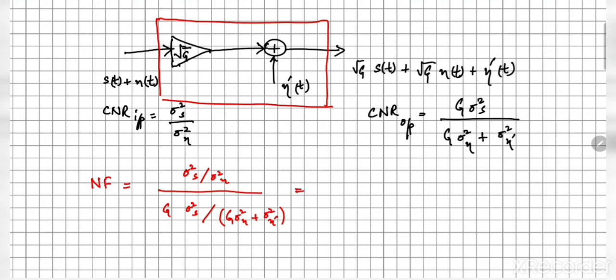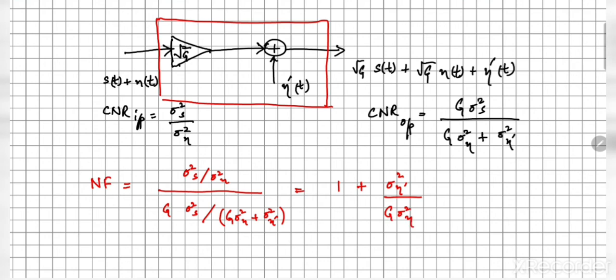And if we do some simple maths by cancelling out sigma square S in the numerator and denominator, and taking G common at the denominator, we are going to end up with the following expression: 1 plus sigma square eta dash divided by G times sigma square eta.